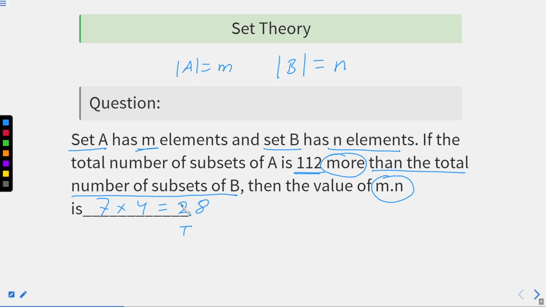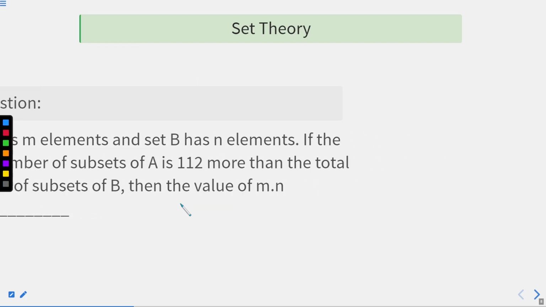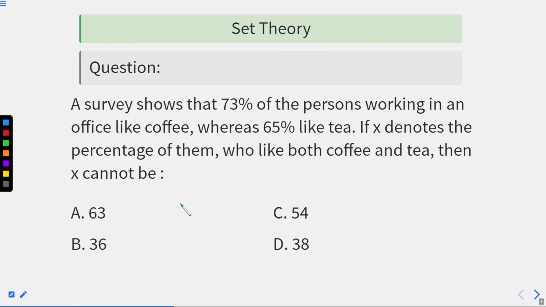Okay, now let's move to another question. It is quite an interesting question if you try to see it from the perspective of a Venn diagram. So let's see. A survey is conducted. The survey shows that 73% of the persons working in an office like coffee.